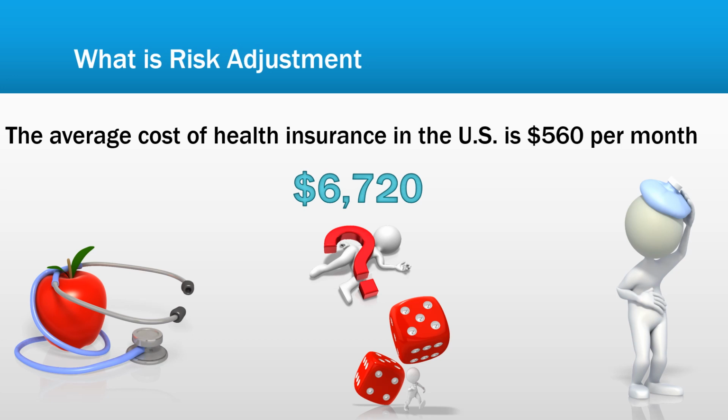And so for the person who is healthy, goes to their doctor once a year, doesn't have any health problems, they may be saying, "This is not a good deal for me. I mean, my doctor visit cost me $200. But I paid $6,720, and the $200 went to my deductible."